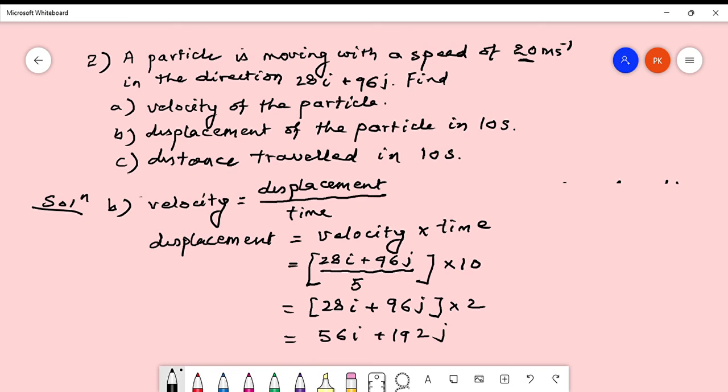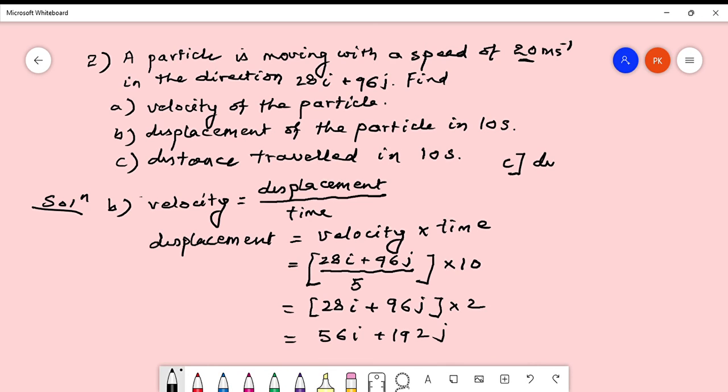And finally, in part C, you want the distance traveled by the particle, and as we have already discussed, the distance is the magnitude of the displacement.